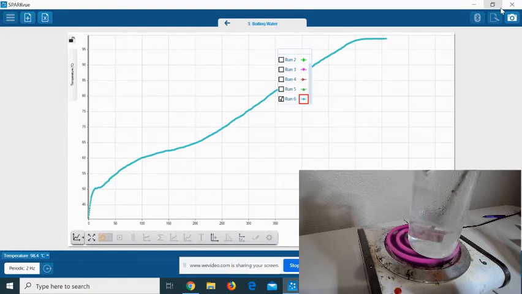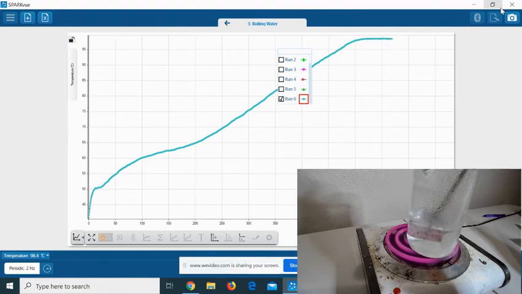Something is telling me that this thermometer is off by just a couple of degrees, because we would expect this boiling point, this flat line, to definitely be at 100 degrees. Water boils at 100 degrees Celsius, but that's what we have going on.